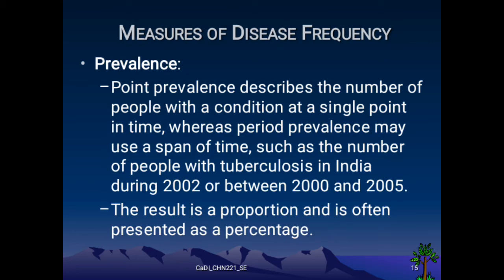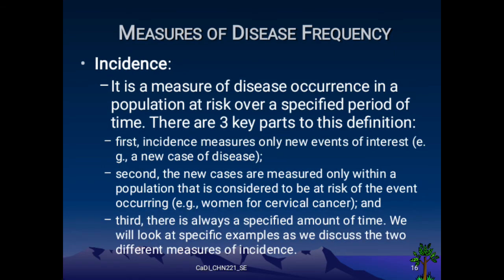Point prevalence describes the number of people with a condition at a single point in time, whereas period prevalence may use a span of time, such as the number of people with tuberculosis in India during 2002 or between 2000 and 2005. The result is a proportion and is often presented as a percentage.